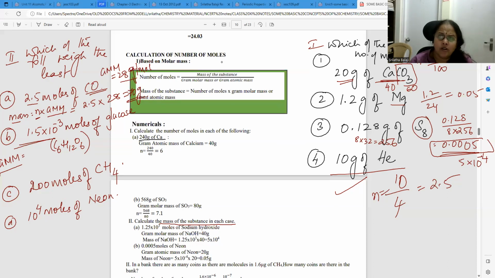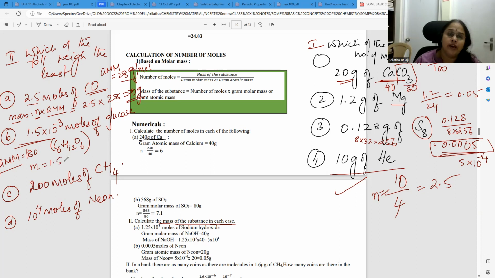Oxygen, 16. Hydrogen, 1. Yeah, come on. Then what's the molar mass of C6H12O6? 180. 180, correct.